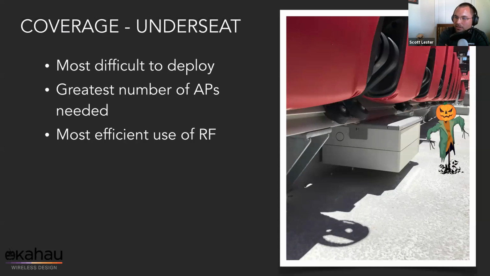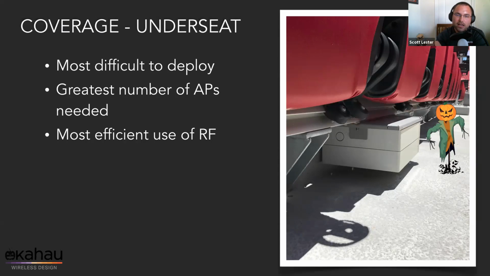Good point. But I think the good thing about underseat is, by far I would consider it the most efficient use of RF. Because if we look at our other previously mentioned coverage models, when we're looking at overhead, we're essentially beaming down into the abyss, trying to cover the seating as we need to, depending on cell size and the number of clients we want in that particular cell.